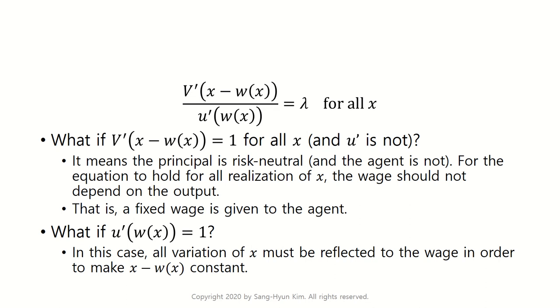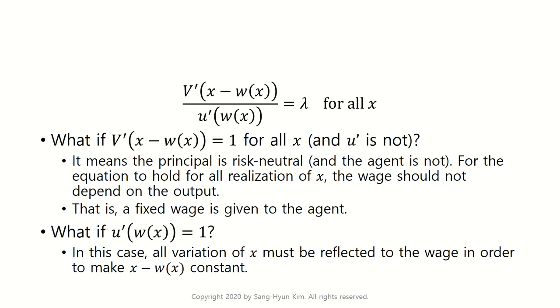So the principal is risk neutral, then what is the optimal way to share the risk? For the equation to hold for all realized values of x, the wage should not depend on the output. Look at the equation. The numerator is 1, and we have a denominator which is a function of x, right?